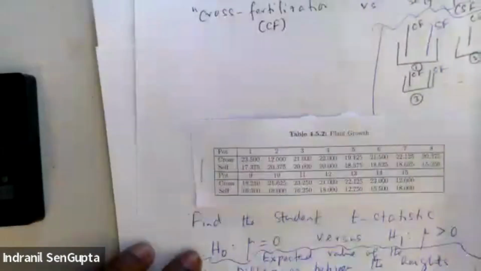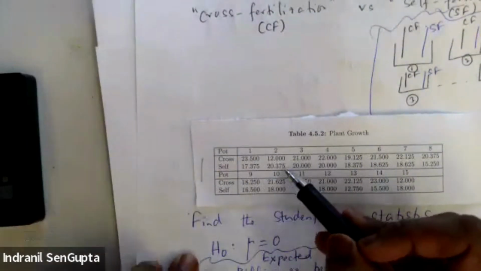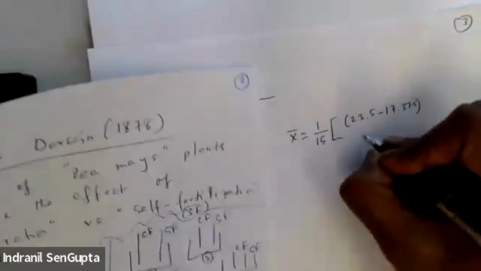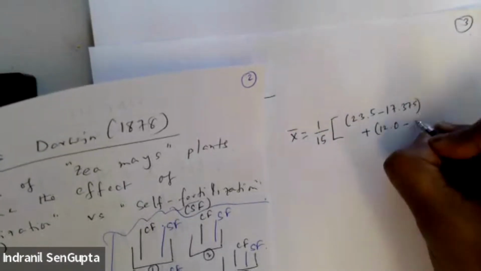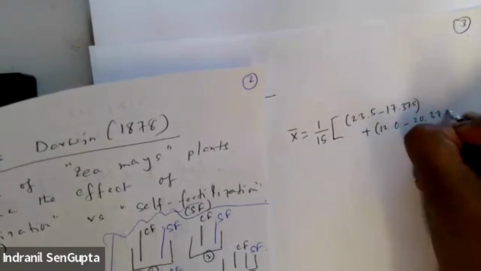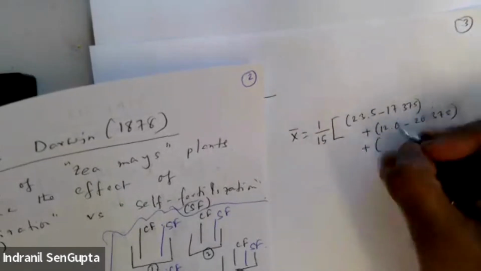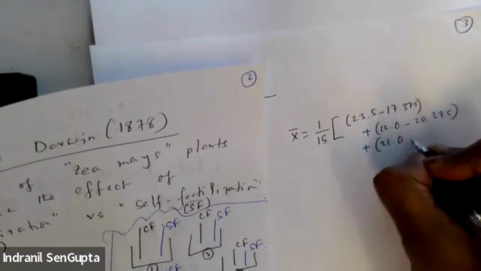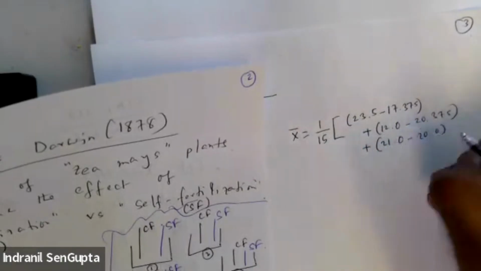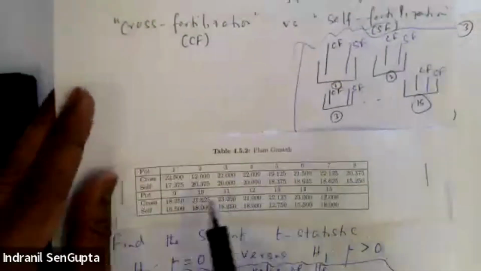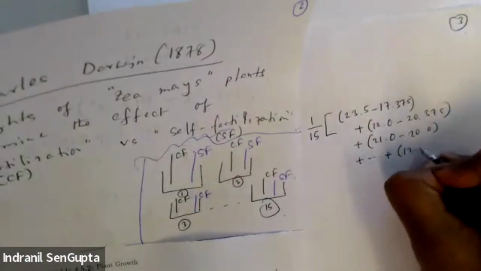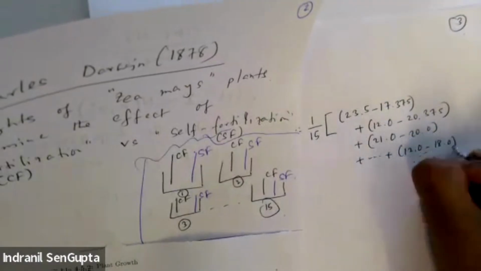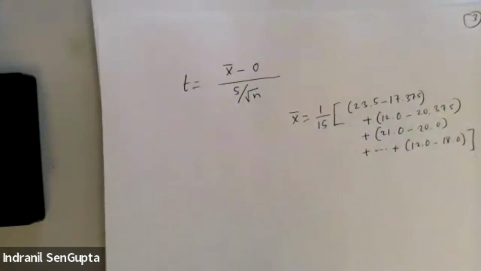For the second one, I take the difference plus 12.0 minus 20.375, plus 21.0 minus 20.0 and so on. I'll not write all this; you get the idea. I write it all the way to the end: 12.0 minus 18.0. This is x bar.